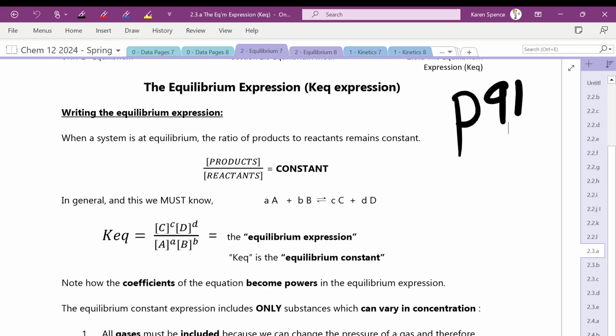Now, do you remember KEQ? What does the K stand for? Constant. Okay, so K is a constant.